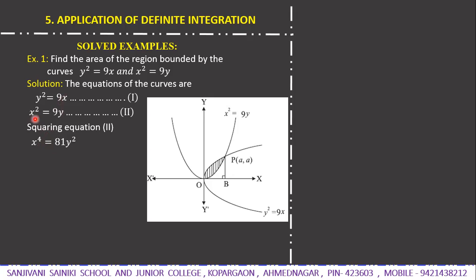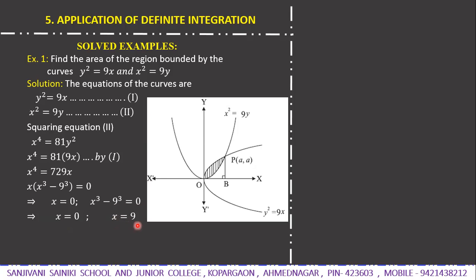Then square the second equation, then use this y square in this equation and then simplify. You will get x is equal to 0, or x cube minus 9 cube is equal to 0. That means x is equal to 0 or x is equal to 9. If you put x is equal to 0 in this equation, you will get y is equal to 0.